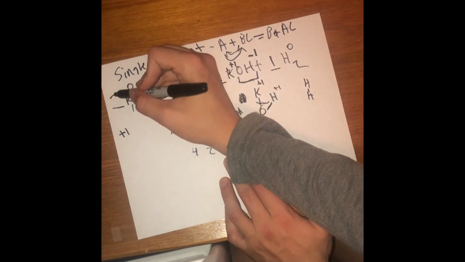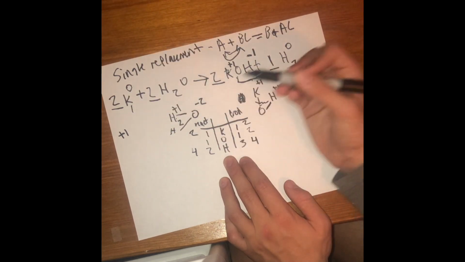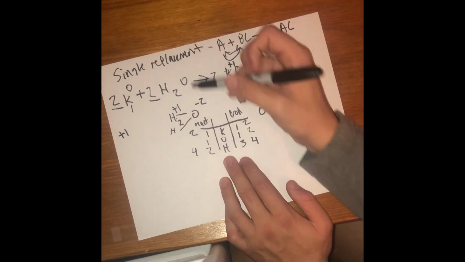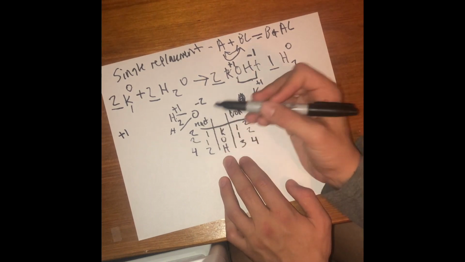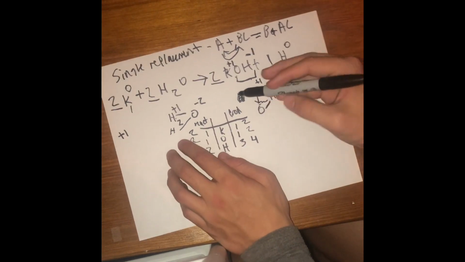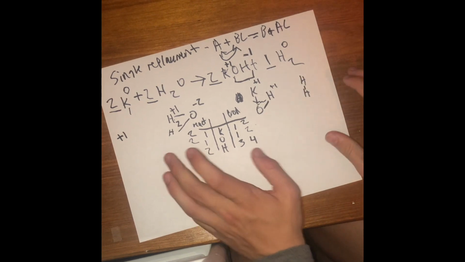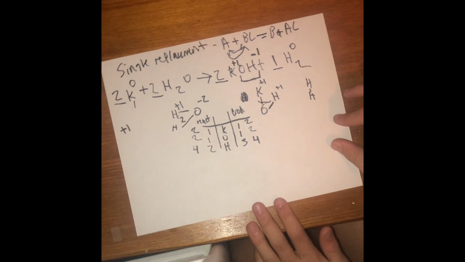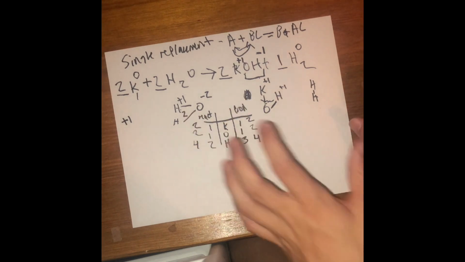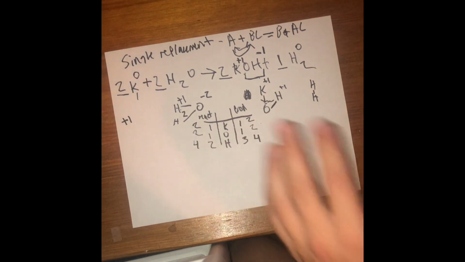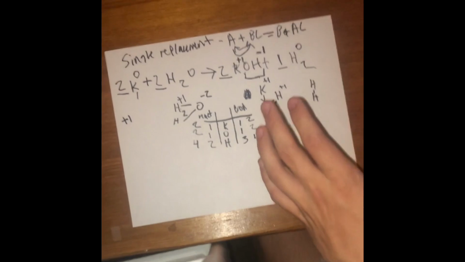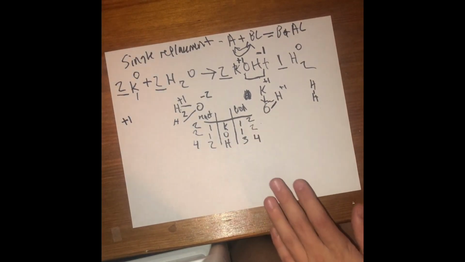So then you have to mark this as a 2. You already have 2H2O, so it's a 2. Now this is balanced because there's 2 potassium, 2 oxygen, and 4 hydrogen on each side of the equation, which explains we've done everything we possibly can to prove that this is an evenly balanced equation.